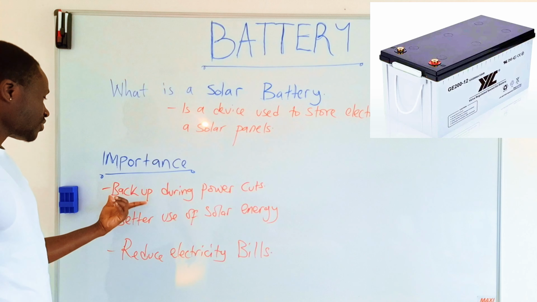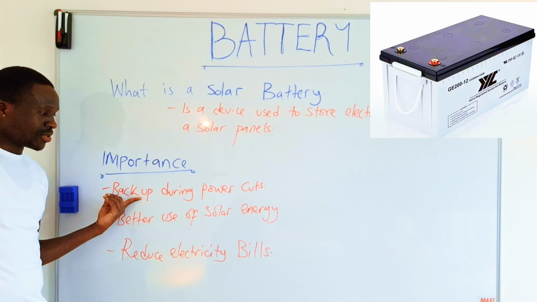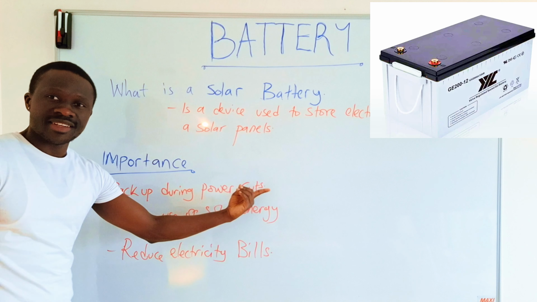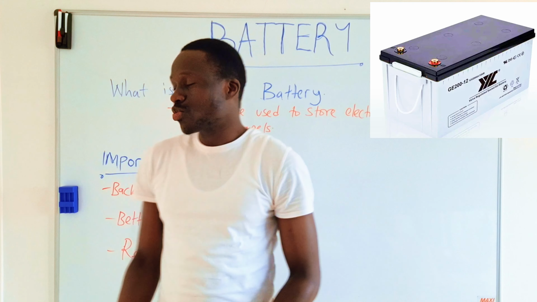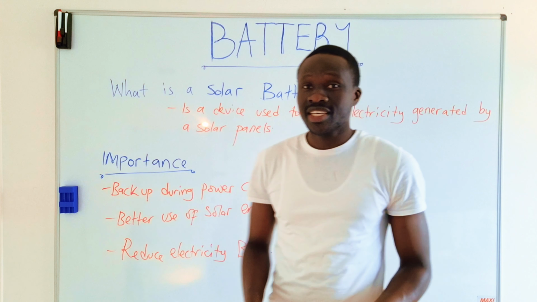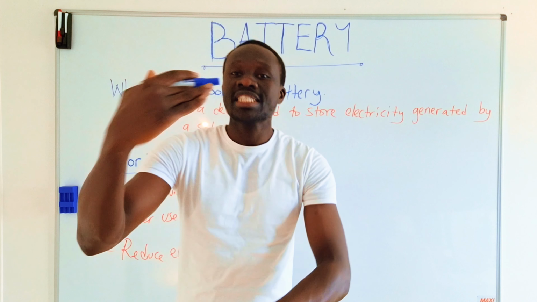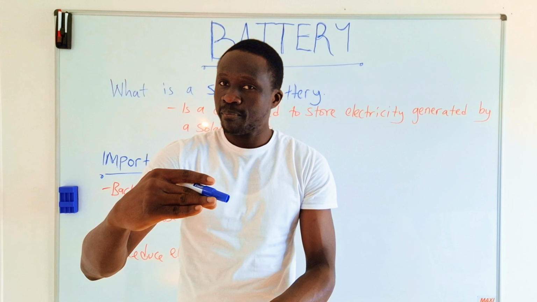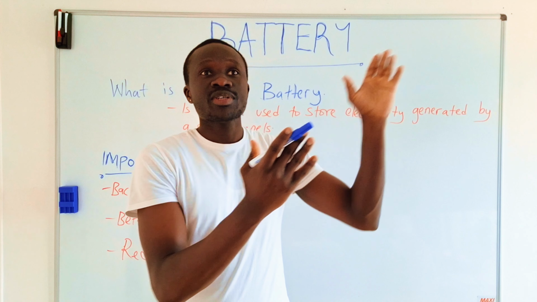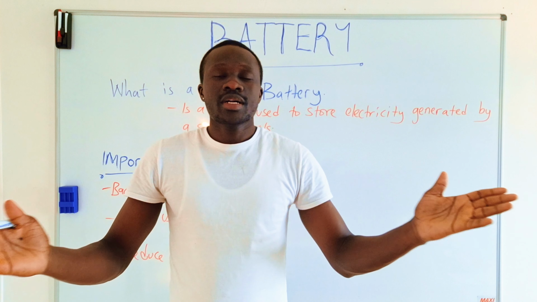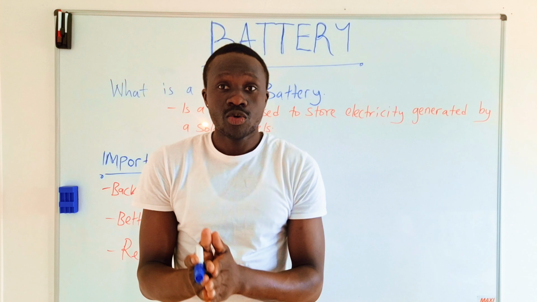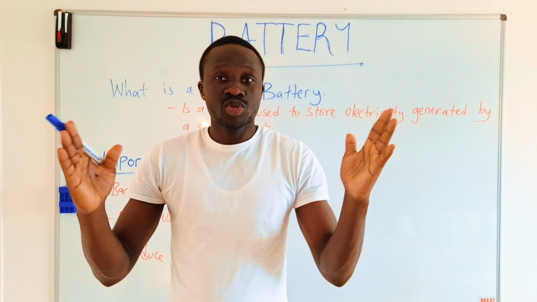One is to back up during power cuts, meaning it backs up when the power goes off. Let's try an example. You have electricity and you also have solar.